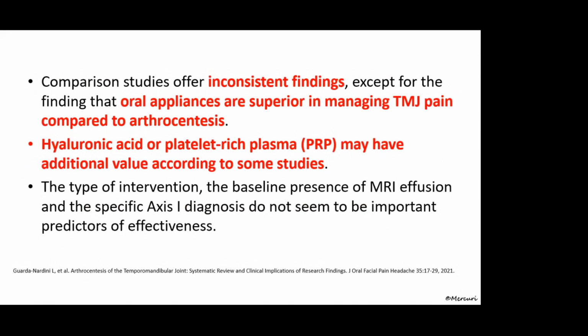There are inconsistent findings with the use of platelet-rich plasma in patients with osteoarthritis. There's been an interesting study done out of the Czech Republic where they've used either hyaluronic acid or platelet-rich plasma in patients before surgery in order to take some of the pain away as they prepare the patients for surgery.